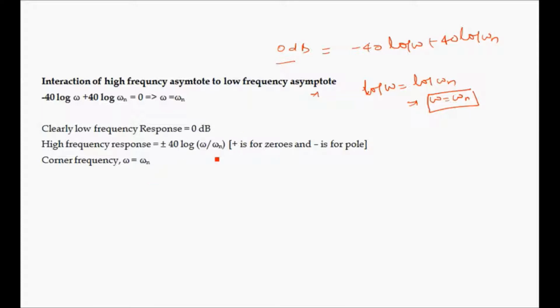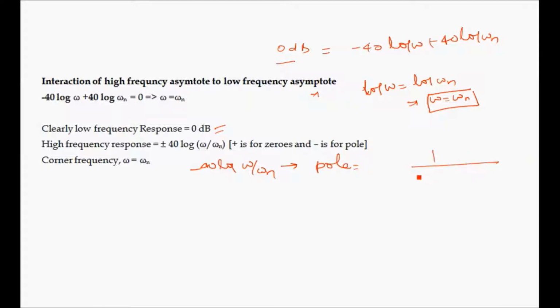So we get the corner frequency omega equal to omega 1. Below the corner frequency, the low frequency response is equal to 0 dB, and the high frequency response is equal to minus 40 log omega divided by omega n for a pole.